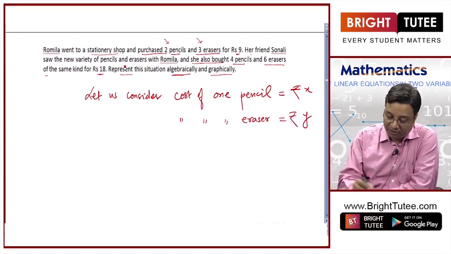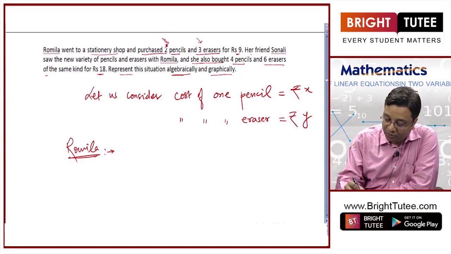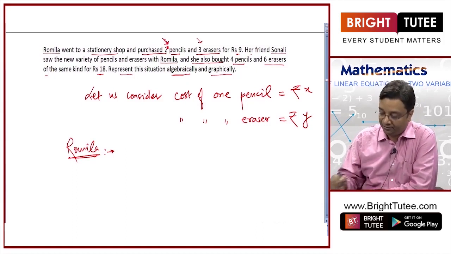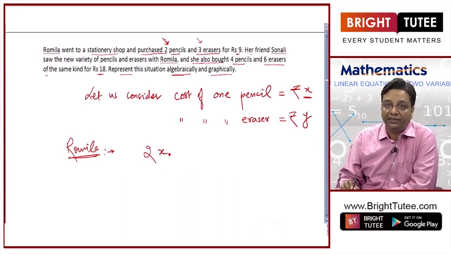Okay. Now let us look at what Romila purchased. She has purchased 2 pencils. So how much amount did she spend on pencils? On one pencil you will spend x rupees. So on 2 pencils she would have spent 2x rupees, right?